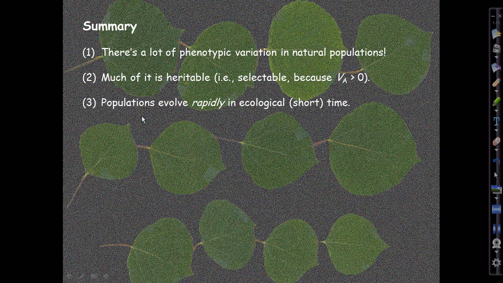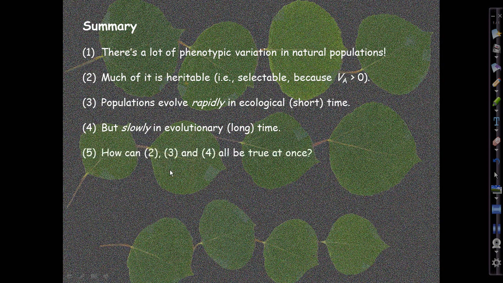It's a fact that not only can populations evolve rapidly, but they actually do in ecological time to a degree that I still think is kind of counterintuitive and surprising. But over evolutionary time, over much longer intervals of time, the net amount of change tends to be rather modest.